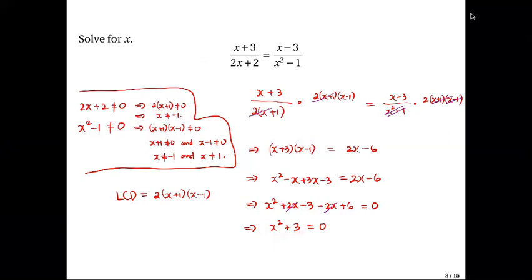In fact, if you write this as x squared equals negative 3, then this means that it has no real solution. And that's it. So this is the final answer: no real solution.